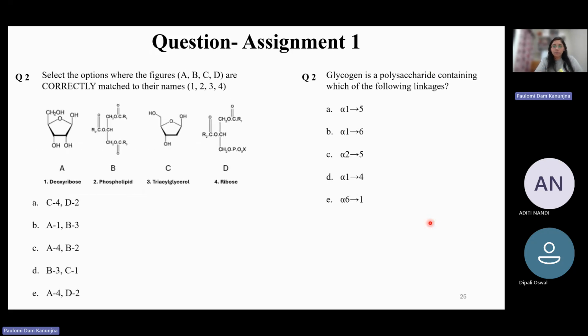This one is very, very simple. This is like the basic question that is being asked, so this should be easy for you to do.